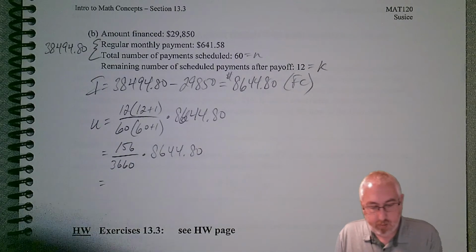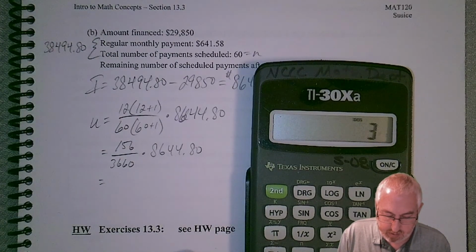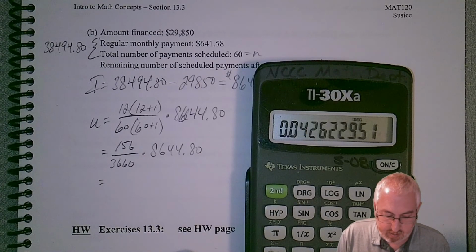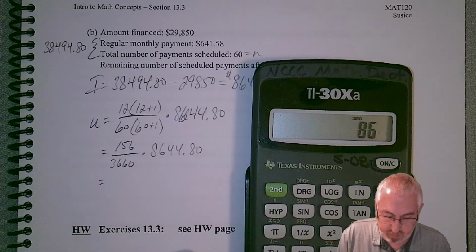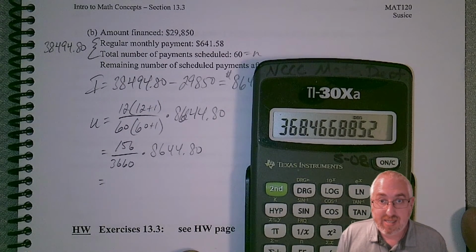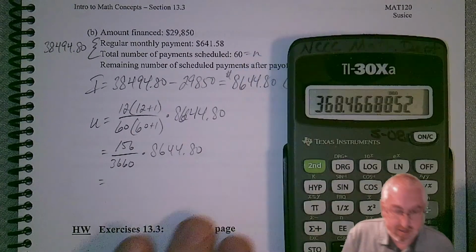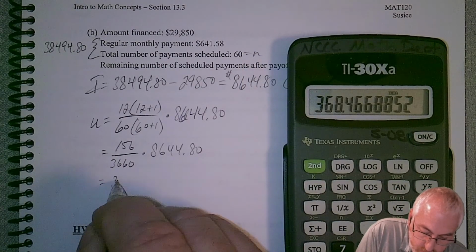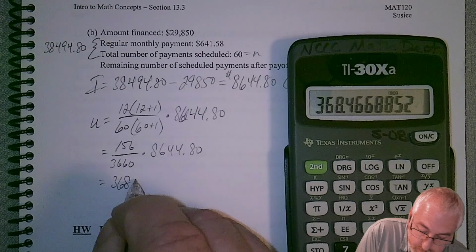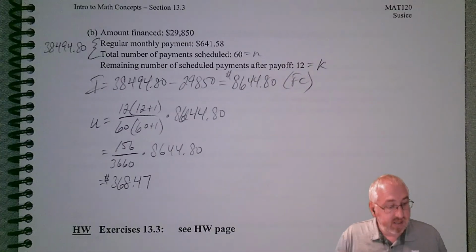And so let's see what that gives us. 156 divided by 3660 equals that, times 8644.8. So $368.47.